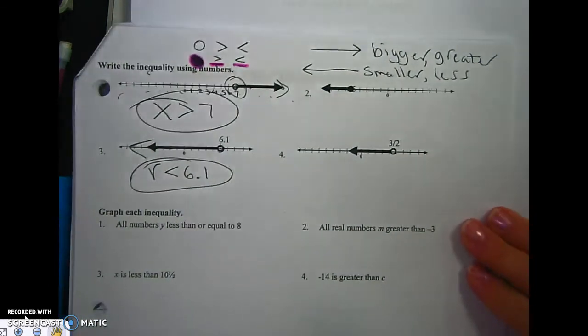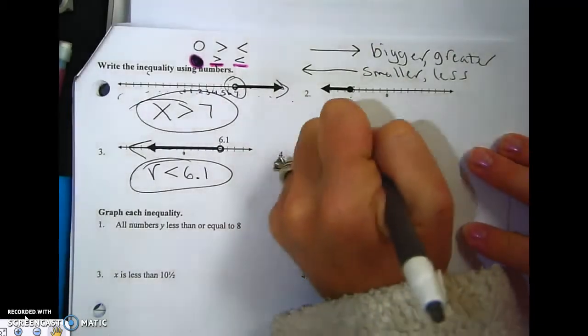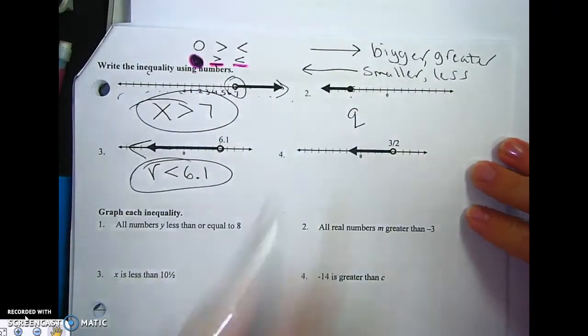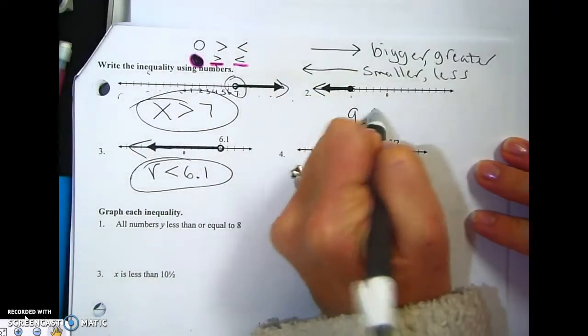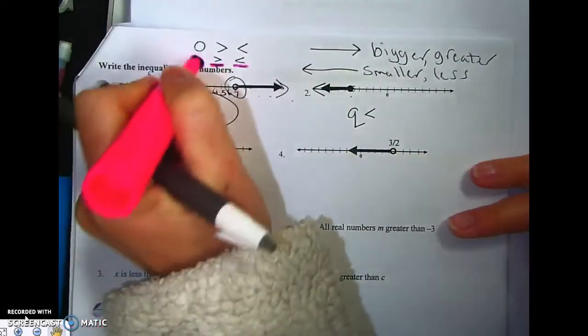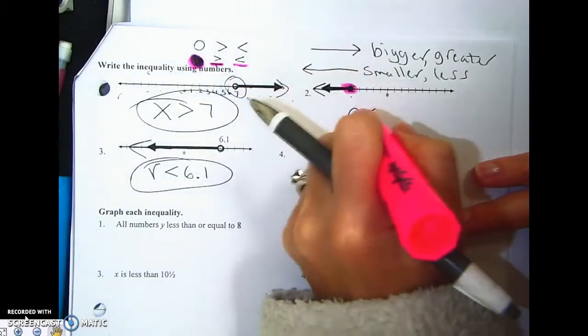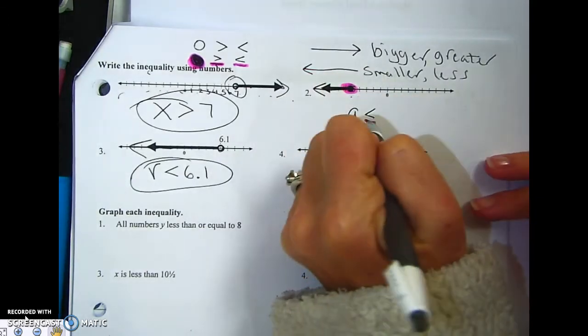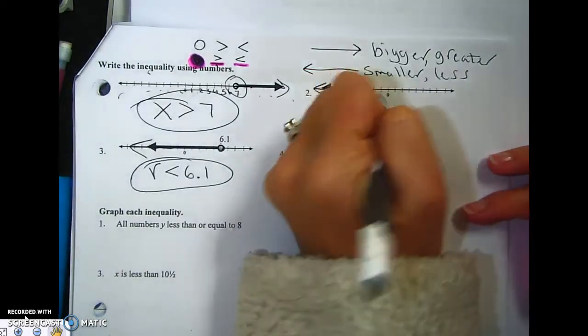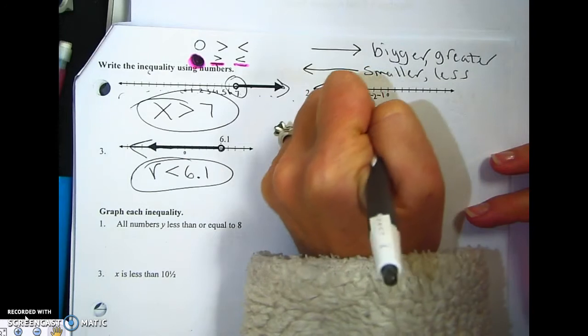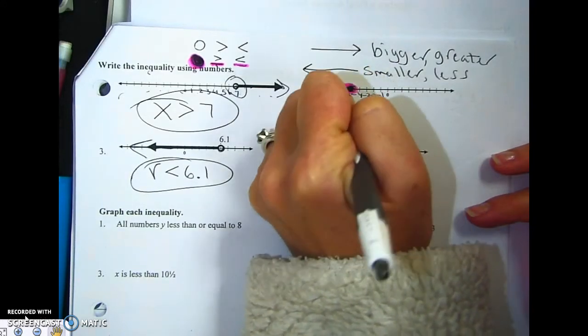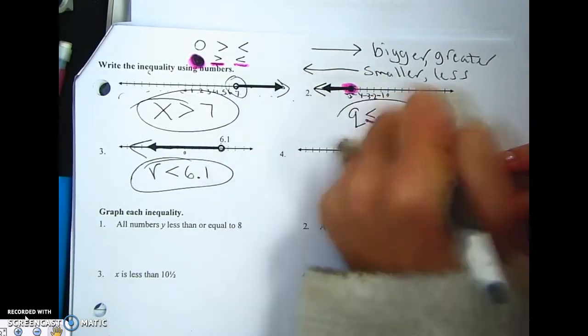Let's come over here to number 2. This time I'll use a Q. Who cares what I use? It's going this way, it's less than, but if you look, it's colored in. Boom. That means it's less than or equal to. And then I go -1, -2, -3, -4, -5. Done.